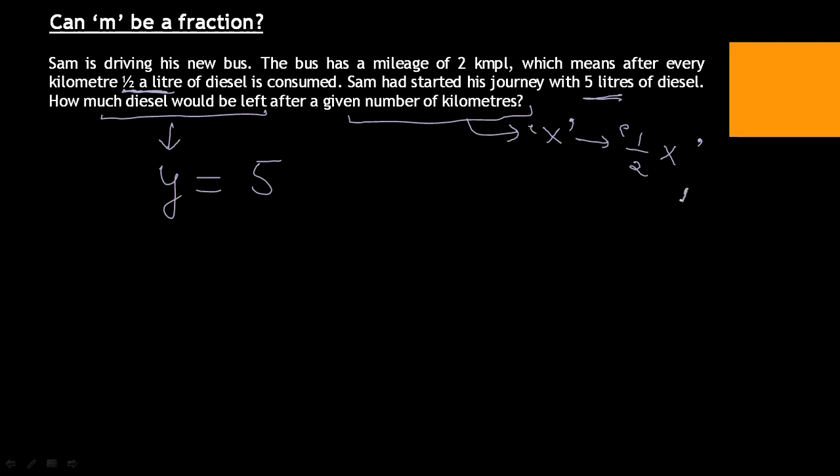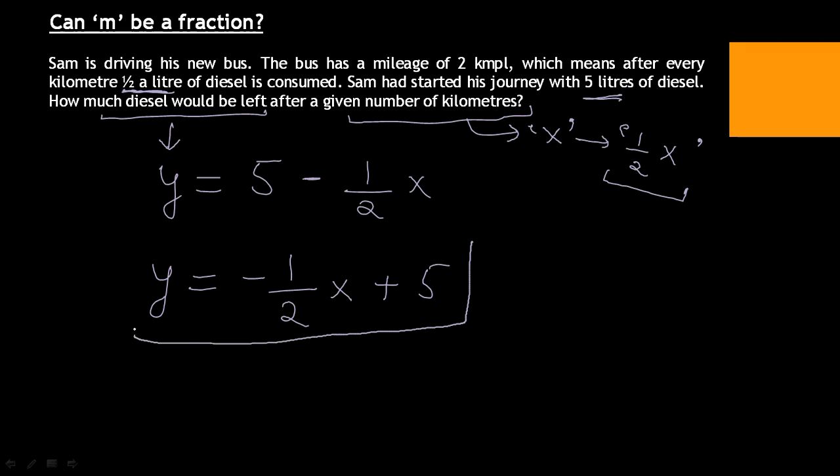Now if this is the amount of diesel consumed, the amount of diesel left would be 5, which is the total amount of diesel, minus half x. Now I can just swap the two terms and this becomes y equals minus half x plus 5. That is my equation for this problem.